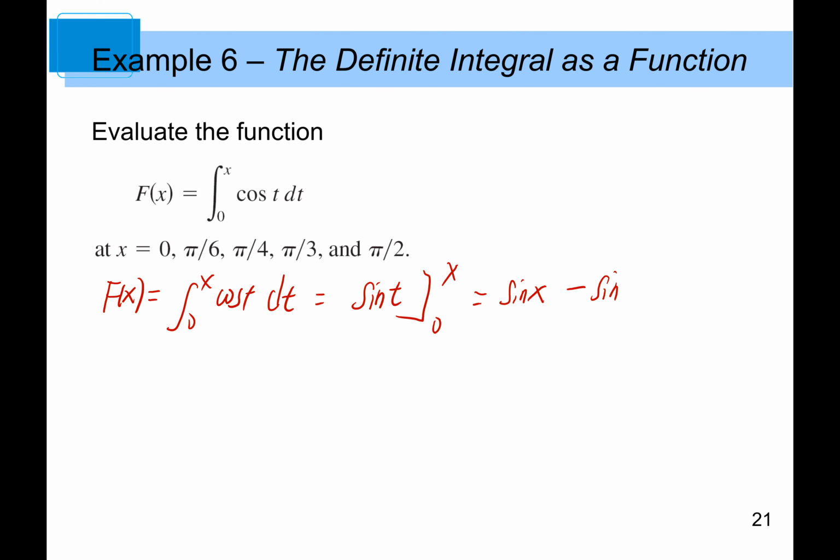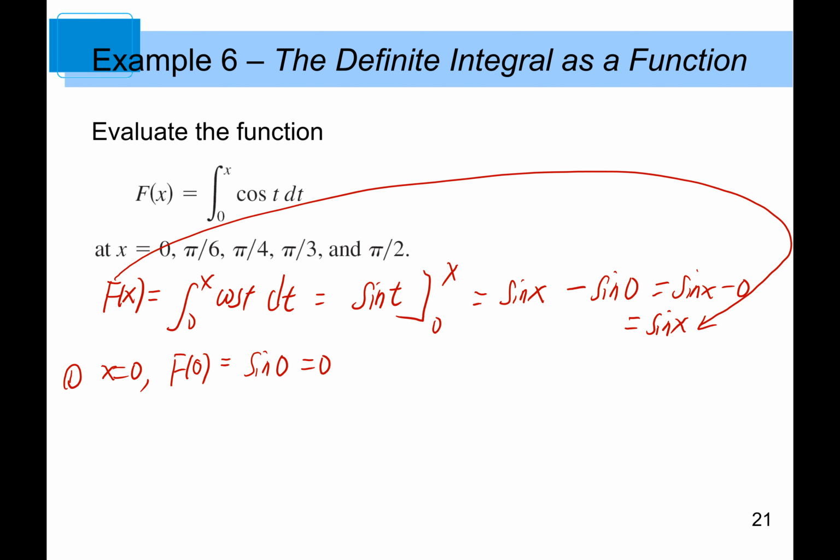Plugging in 0, you get sine 0, which is 0, so it becomes sine x minus 0, so just sine x. Okay. And when x equals 0, F of 0 equals sine 0, which is 0, because eventually you know that right here F of x equals sine x.